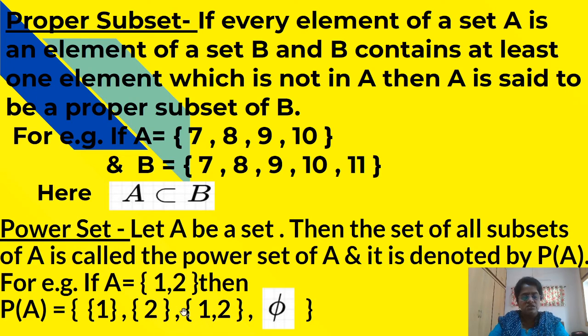This {1} is a subset of this {1, 2}. This {2} is a subset of this set {1, 2}. {1, 2} itself is a subset of the same set, and the empty set is always a subset of any set, and therefore the power set of A contains 4 elements which are all subsets of this set A.